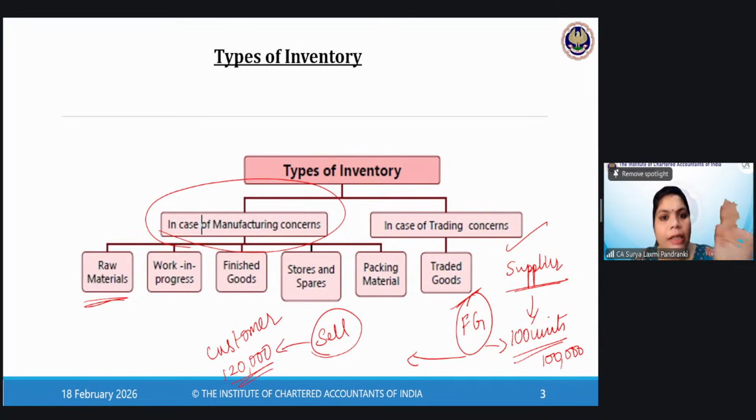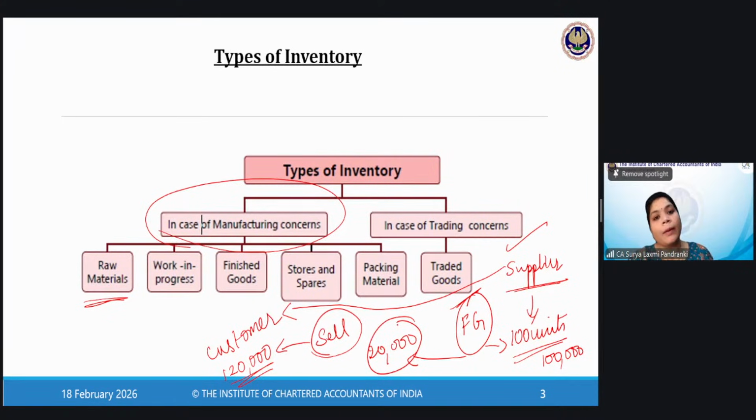Now, what happened here? Did you do any manufacturing here? No. Did you add any process to it or make any changes to the product? No. The product was directly purchased from the supplier and sold to the customer, but you added a 20,000 profit to it. It is because it is business. You have to run your business because you're bringing it from the supplier's location to your location, and then from this location to the customer's location.